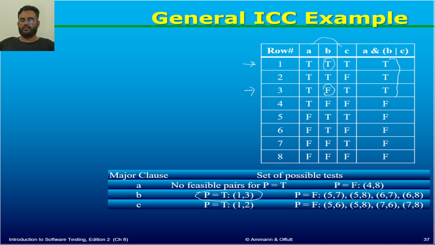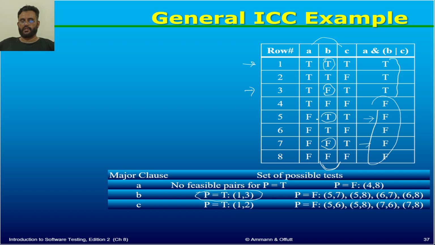Similarly, you can also think about the false cases here, and now I am considering this B column, B's values, and I have to look at those tuples where, for example, B's value changes from true to false. So for example, I can look at row number 5 and row number 7. Here the predicate is false in both these rows and B's value has changed from true to false. In the same way, you can also think about 5 and 8.